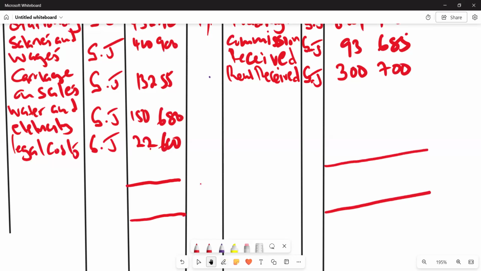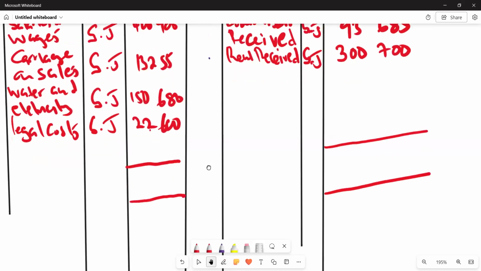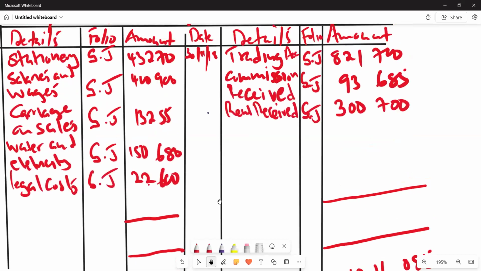If you add the credit side, you are going to see that you are going to get a total of 1,216,085. You add the total of the debit, you are going to get 630,705. So you can just try to add, these are the figures that we have.